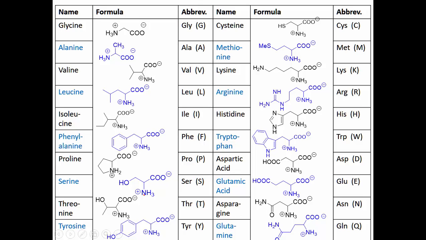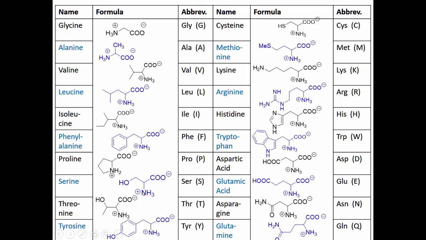I'm not going to go through this table, just use it as a reference for the structures of the common amino acids. Notice that each of these amino acids has a proper name, then it has a 3-letter abbreviation, which in organic chemistry class is typically what we stick with because our structures don't really get that complex.